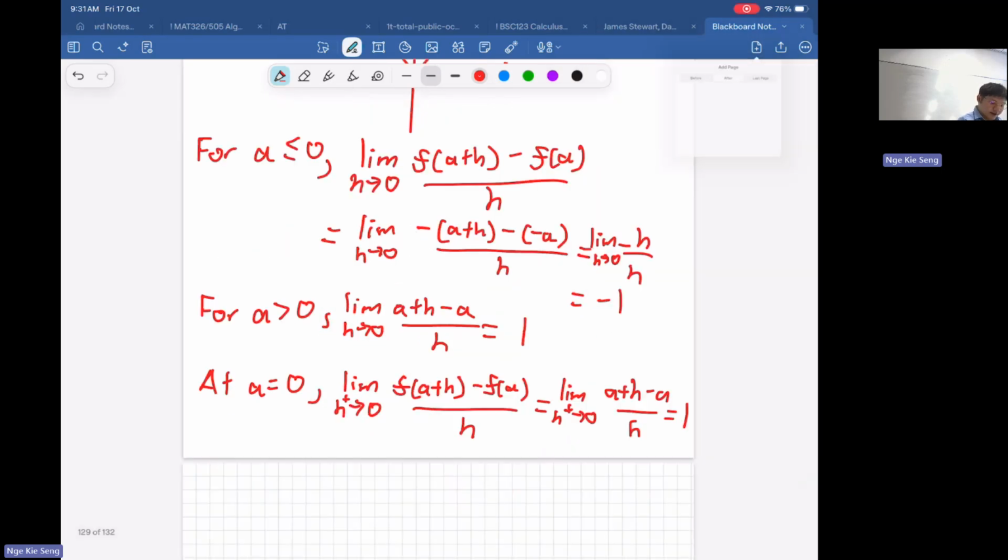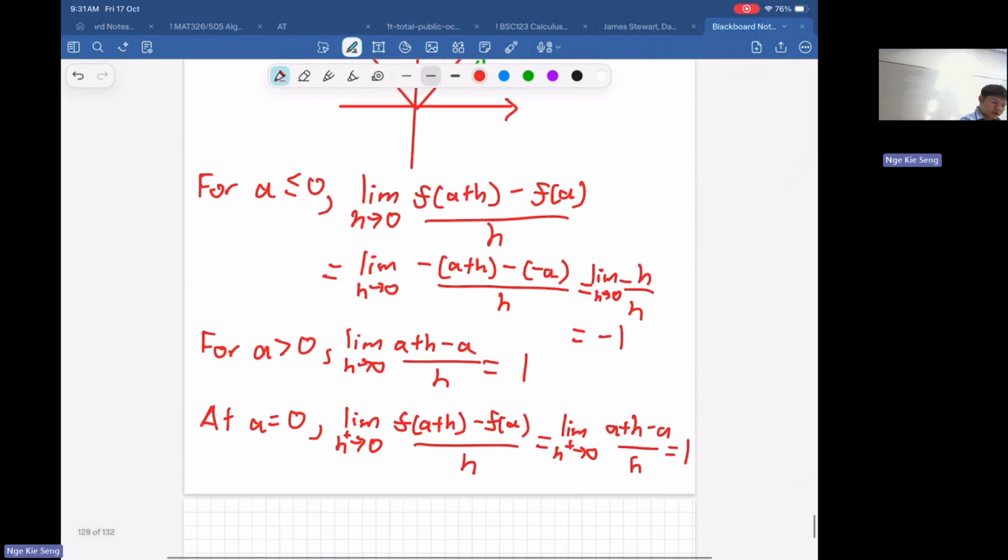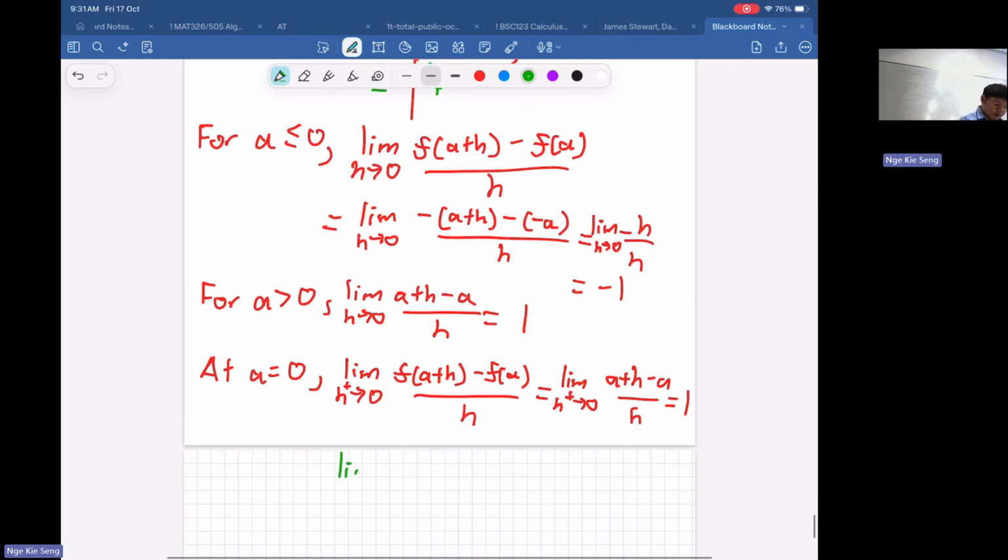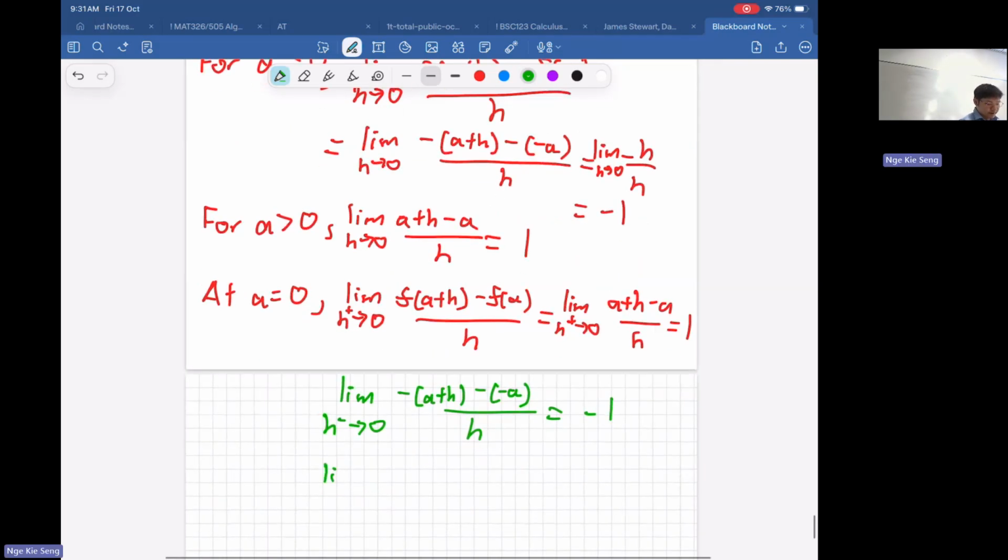But if h is coming from the negative side, the f you're going to use is minus x, so you get minus 1. So left and right are not equal.